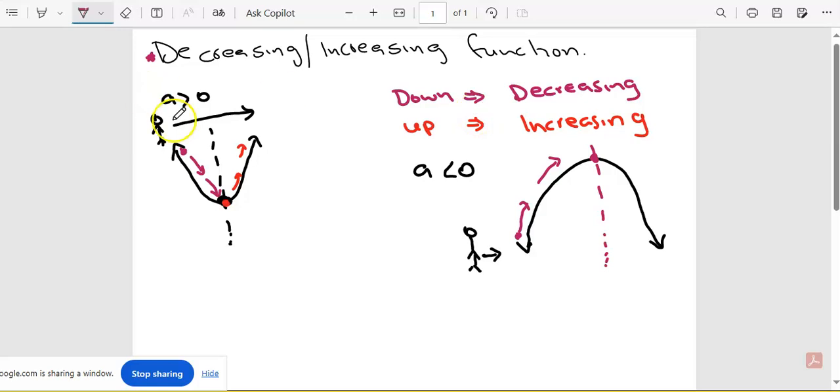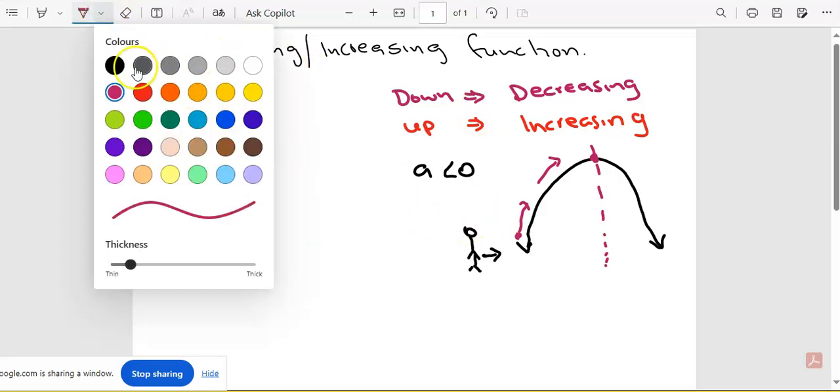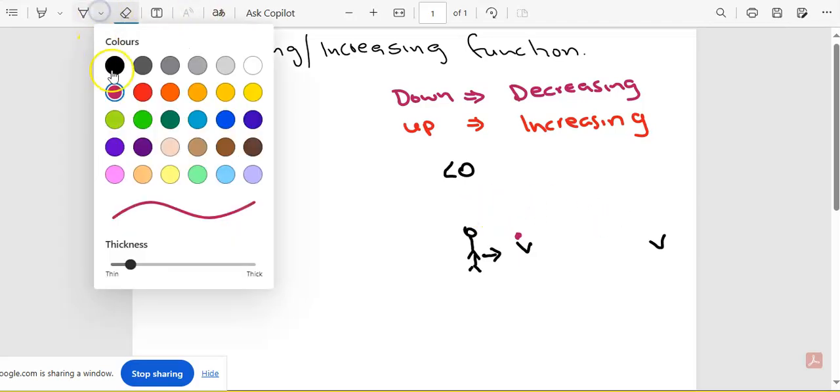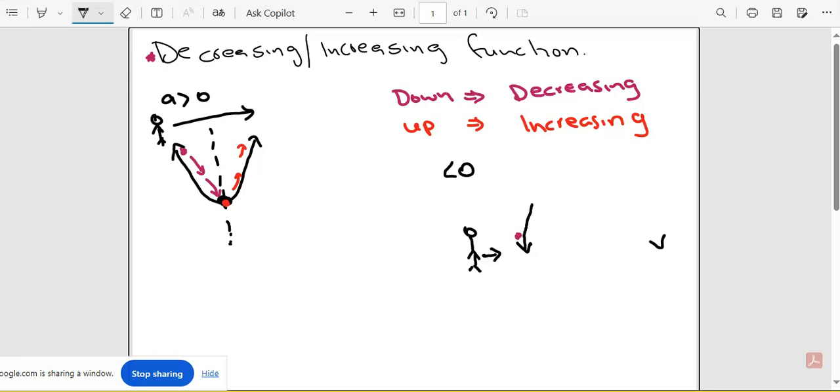Then when you go down, I think it's very important that we use the same color as the one that we used for down and the same color as the one that we use for up. Okay, I'm sorry. I just want to rewrite this. We have something like this. This is our graph.